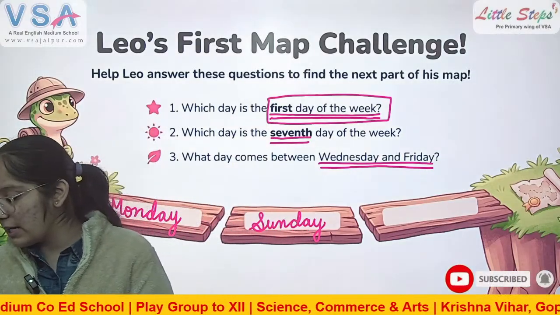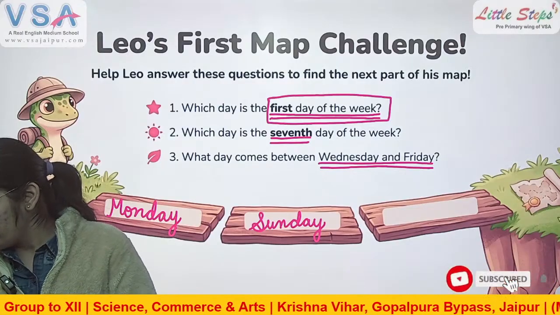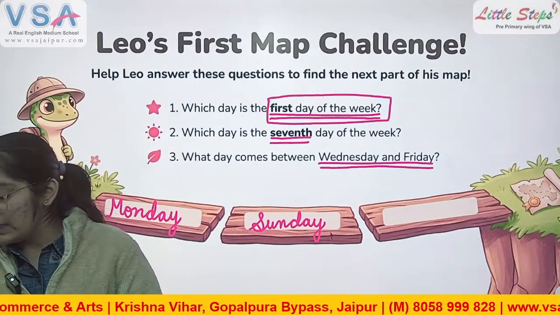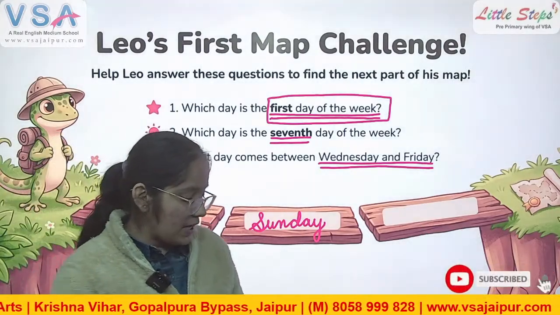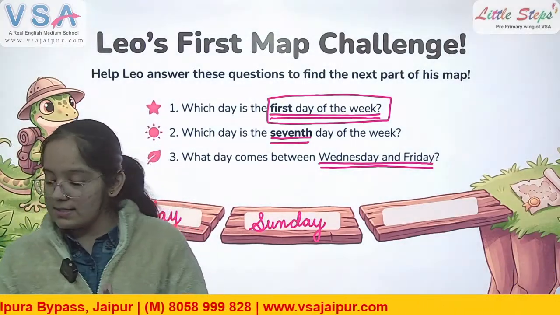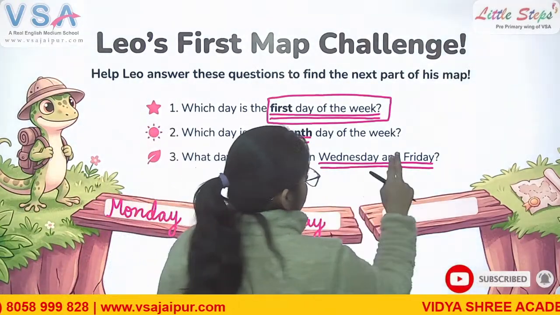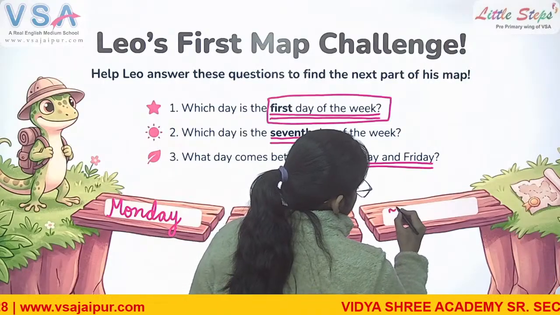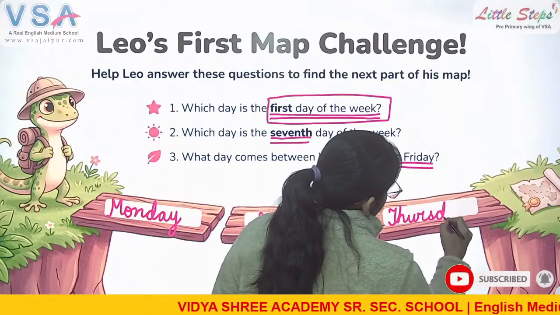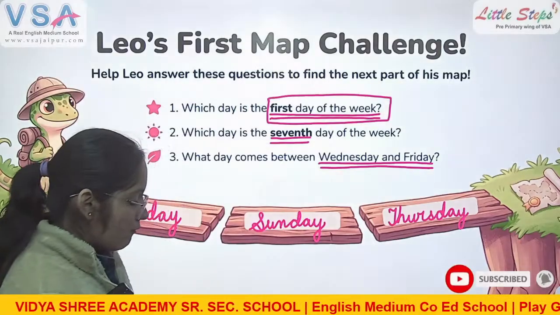When we repeat our weekdays, we have Monday, Tuesday, Wednesday, then Thursday and then Friday. So Wednesday और Friday के बीच में कौन सा गया है? Thursday. Thursday comes between Wednesday and Friday.